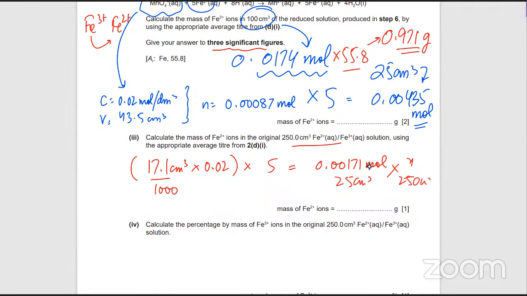So 0.0171 moles, since 25 had this much, 250 will be x. Okay. Now find the mass of this, multiply by 55.8.